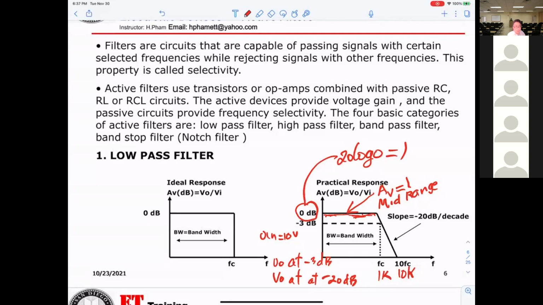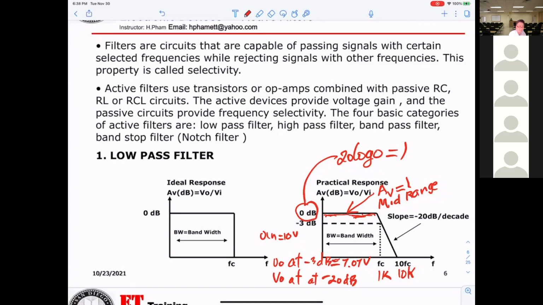In order to do the calculation, you take 10 volt times the number equivalent to minus 3 dB, which means 0.707. That's why you get the answer 7.07 volt. Correct.